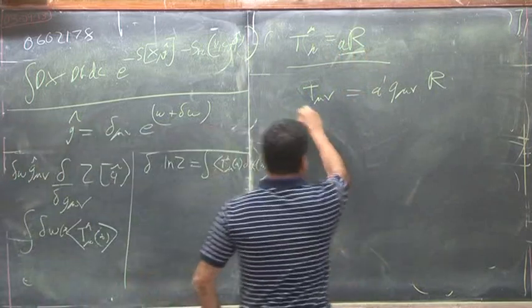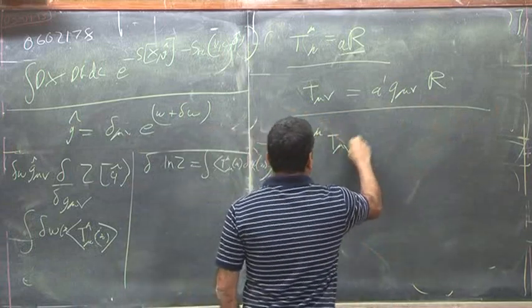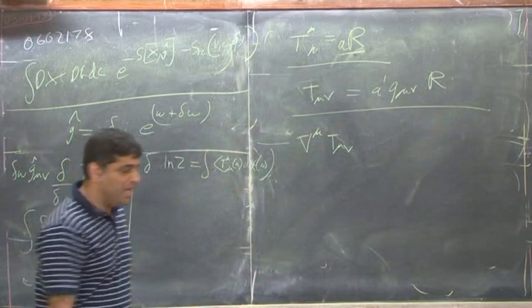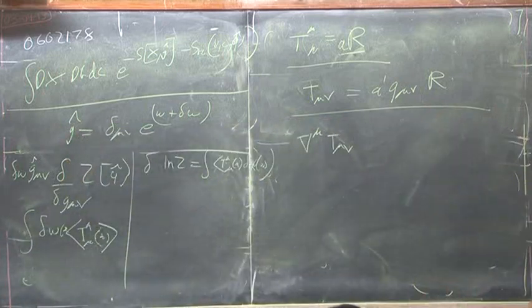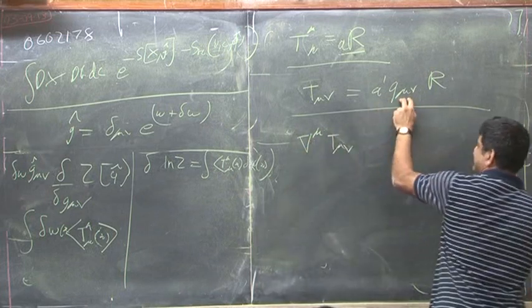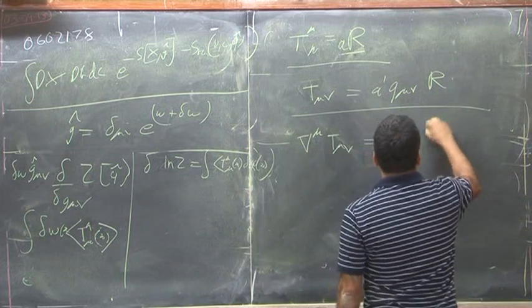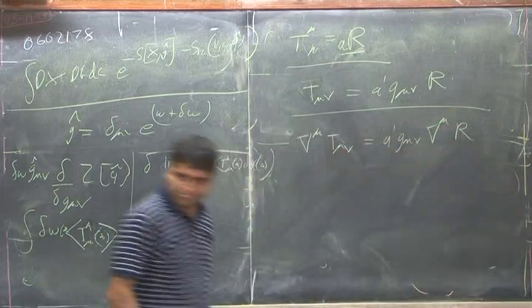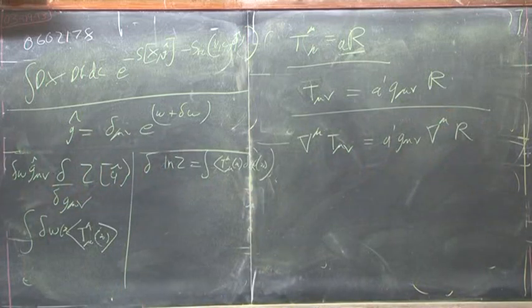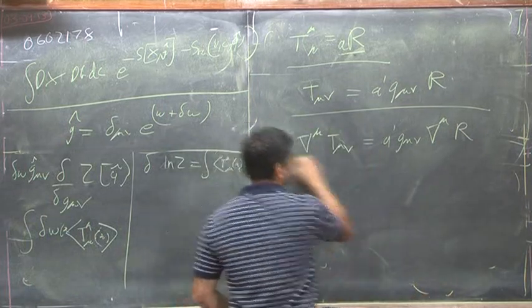Okay. Now suppose I have this statement. Now suppose I take del mu of T mu nu. Diffeomorphism invariance is assumed to be always preserved. Okay? Since del mu doesn't act on G mu nu, this is the same thing as A prime G mu nu times del nu of R. So what is the statement?